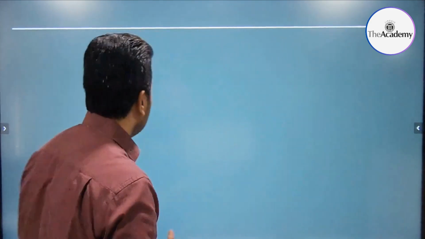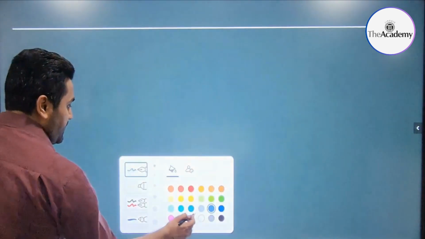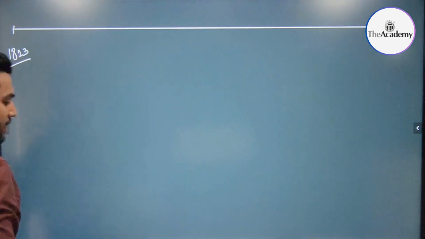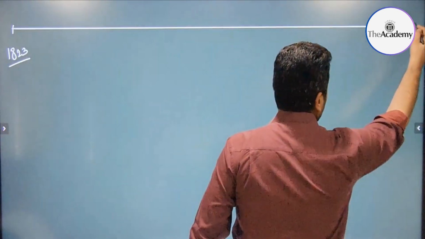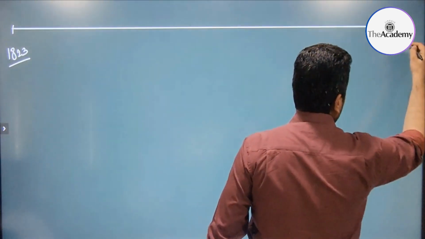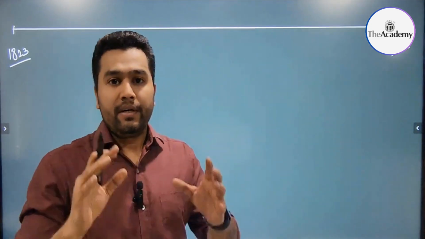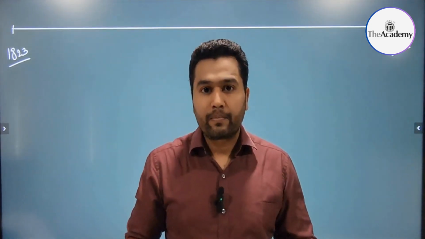The time period from 1823 up till the revolt of 1857 has two important characteristic features.